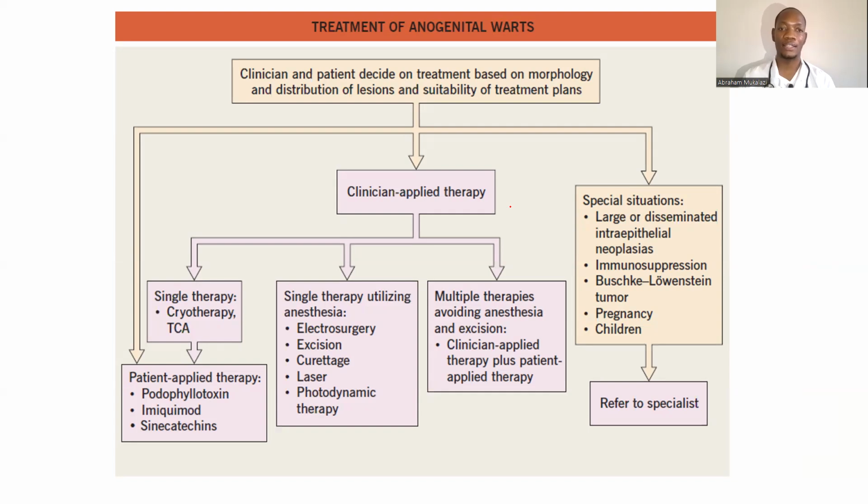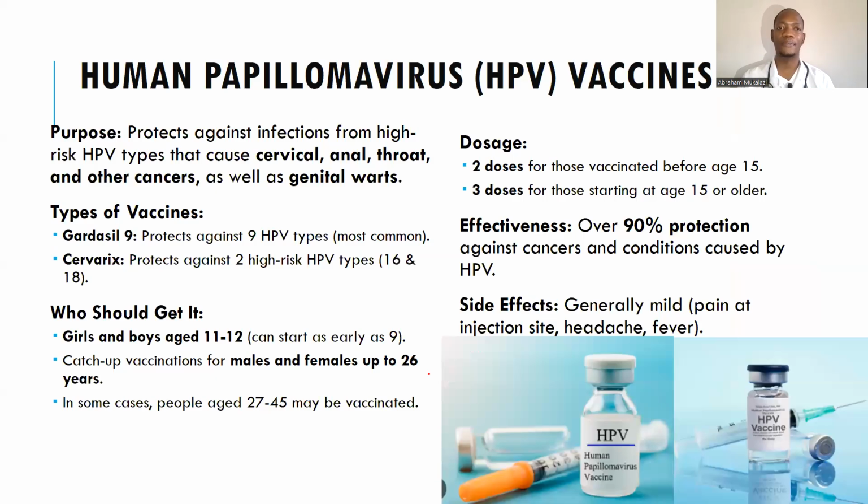But if you're doing things like 25% podophyllotoxin, that means that you have to apply it as a physician, and that is a procedure that you do in your office. And other things including electrosurgery, excision, curettage, all these things are done by the practicing dermatologist.